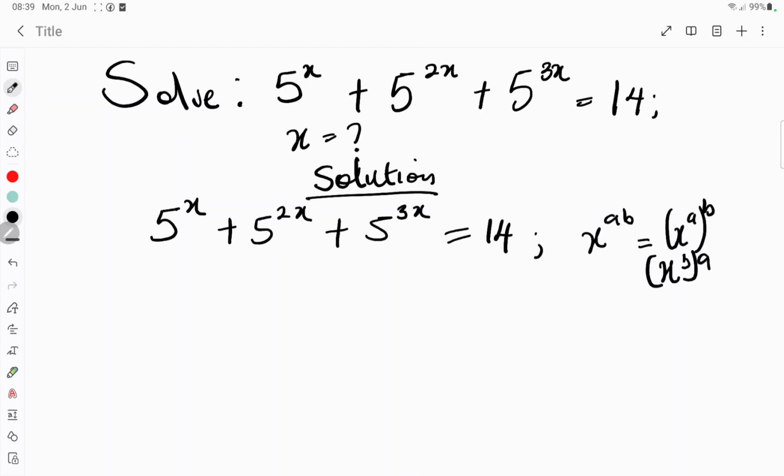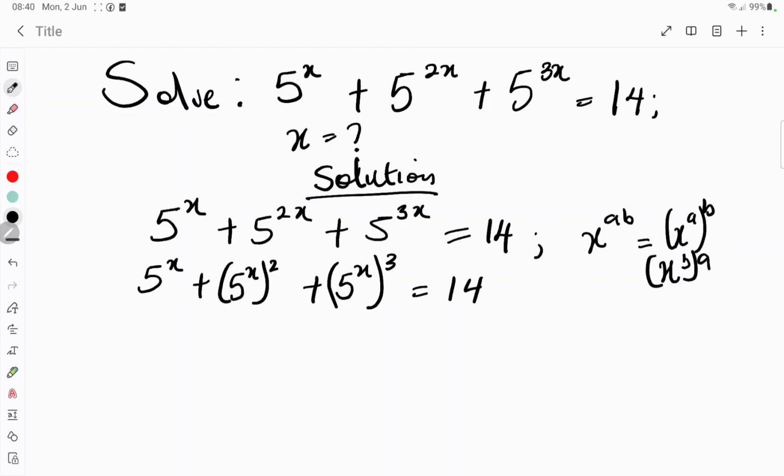The order is never a problem. So we are going to apply it here. We have 5 power x plus 5 power x squared, then plus 5 power x power 3, and that's equal to 14.